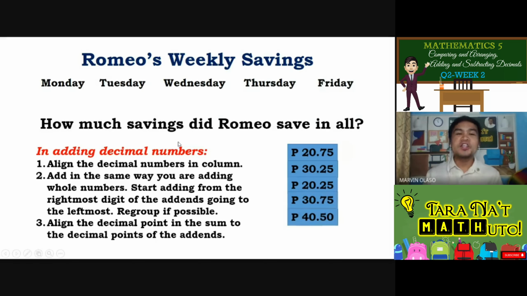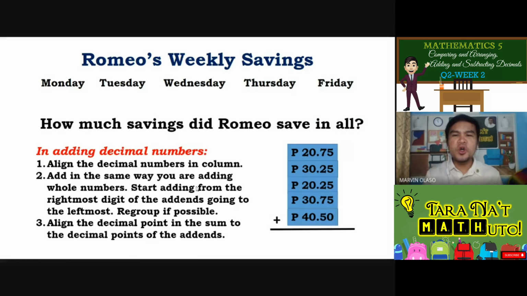All right. So we have now the numbers in column. So paano ba sinusulat in column? Simply, you have to arrange it according to their place value or just align the decimal point.